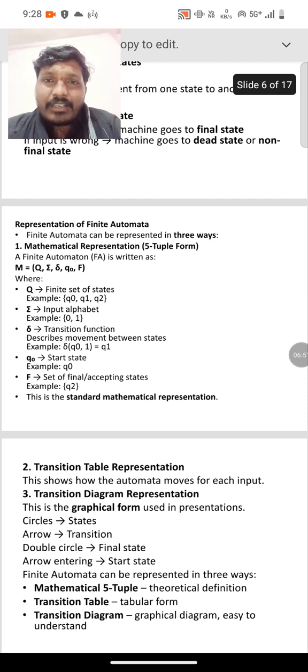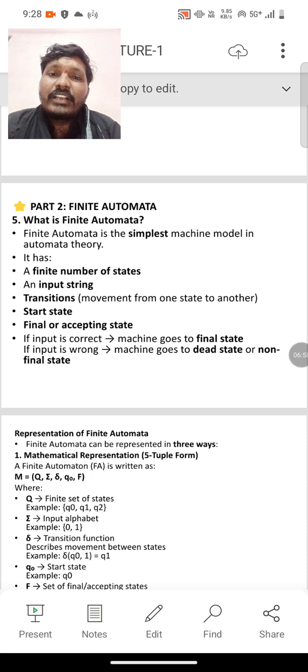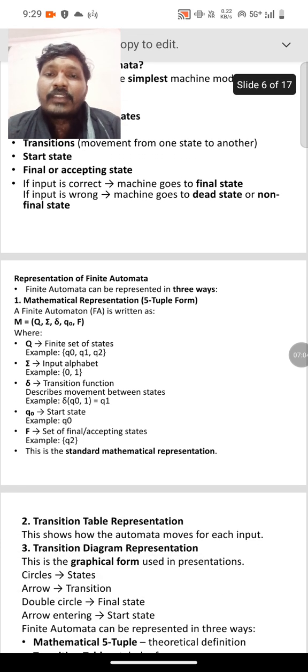For example, if we give the correct input, the machine goes to the final state. If you give wrong input, the machine goes to the dead state or non-final state.